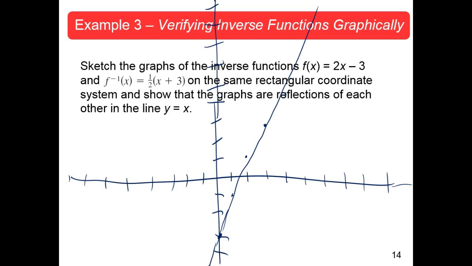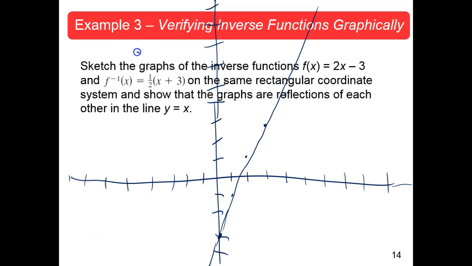Now, we've got the next one to do, and this is a little messier. The inverse one? Yeah. And the reason is because of that beautiful little fraction in it, isn't it? But it's not written quite in the neatest form either.